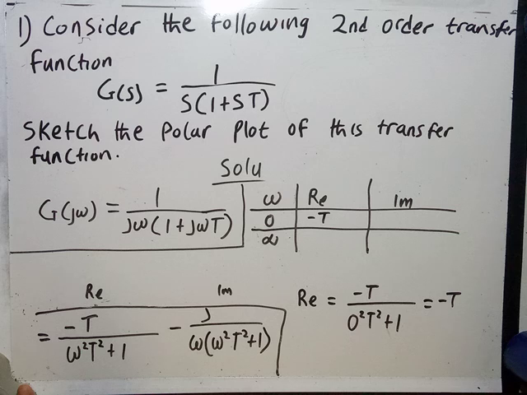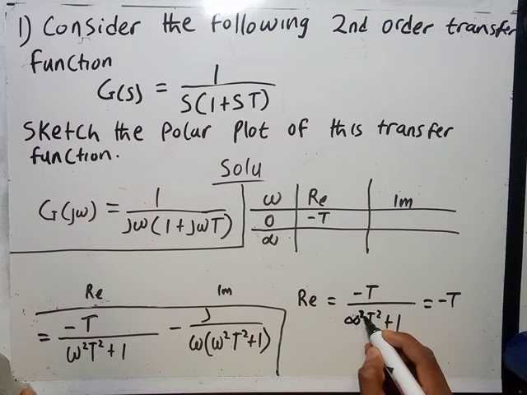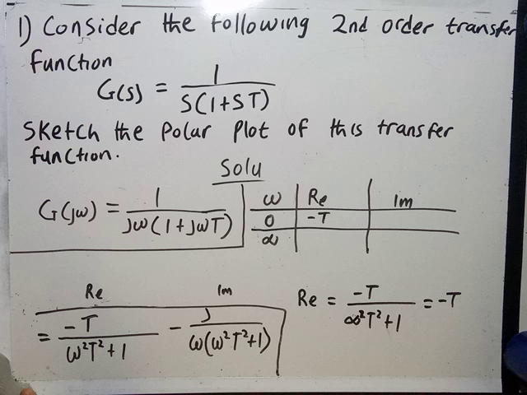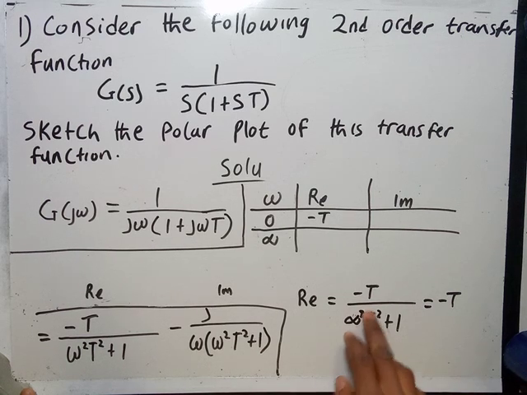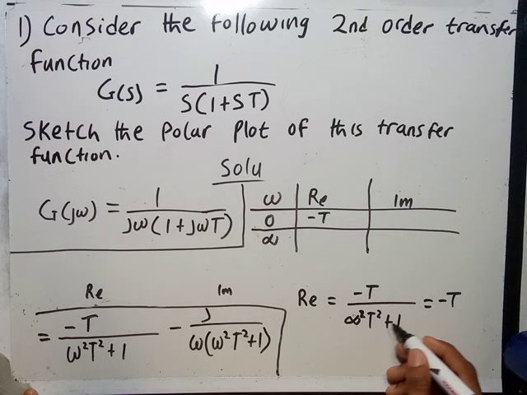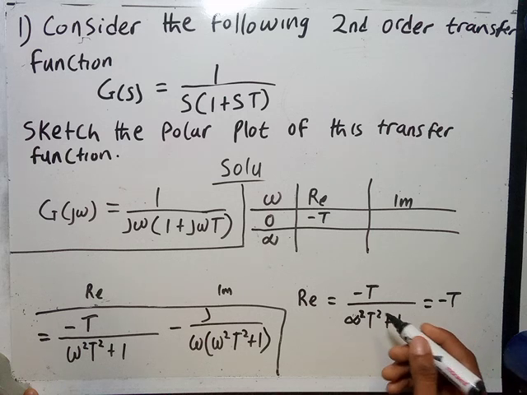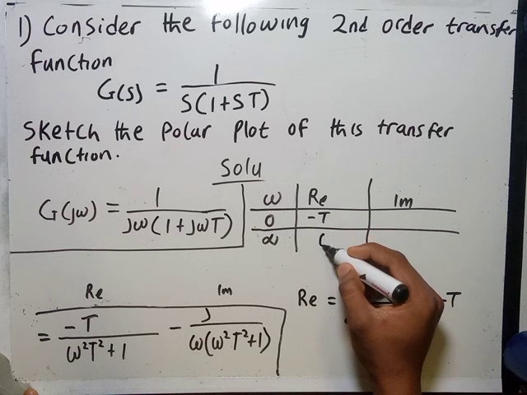Now doing the same thing this time for infinity. Putting infinity here, infinity times t will give you infinity. In fact, infinity square is infinity, and infinity times t is infinity. Anything times infinity is infinity, but anything divided by infinity is 0. Infinity plus 1 is still infinity. Now t divided by infinity will give us 0.